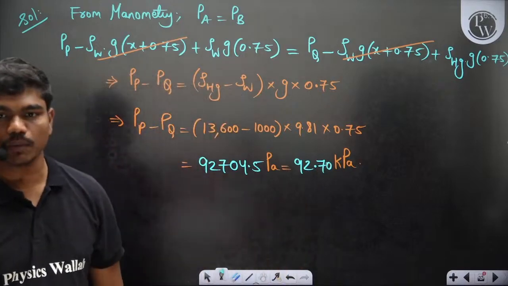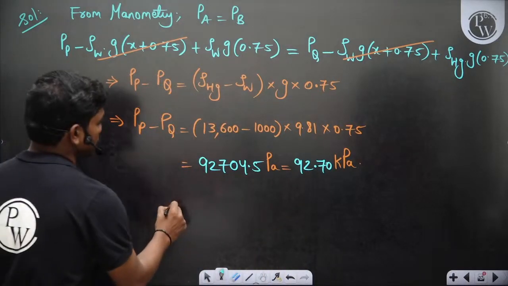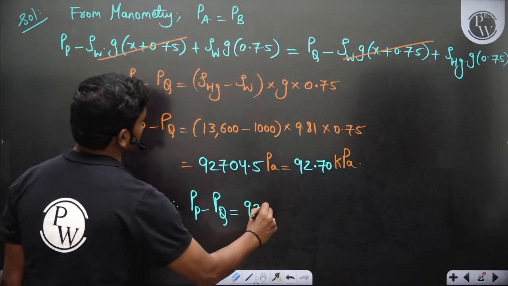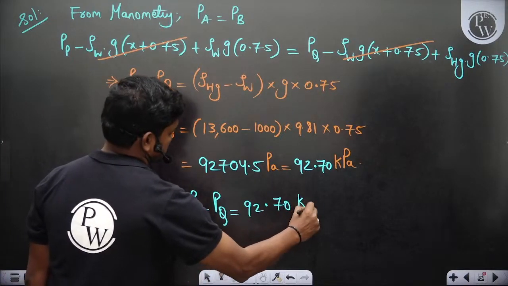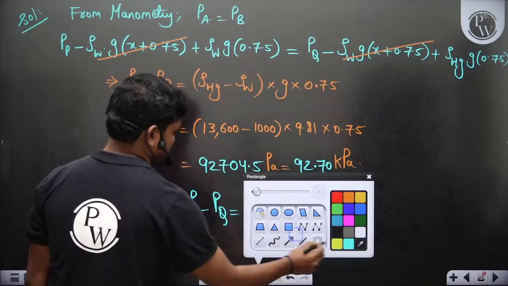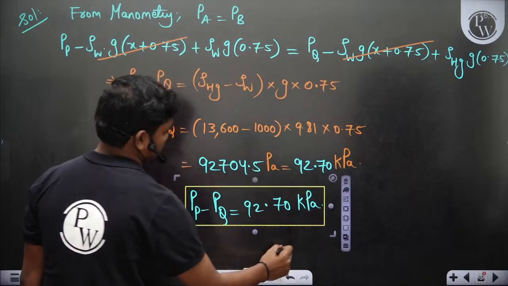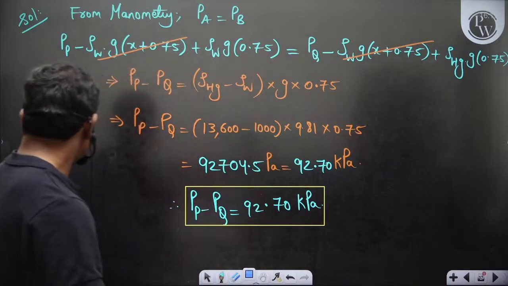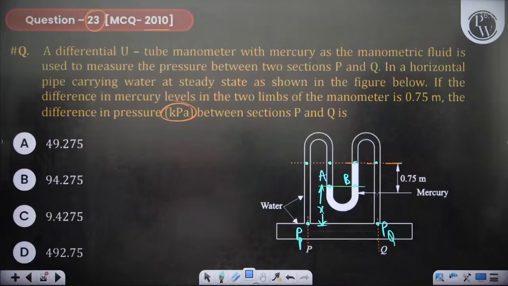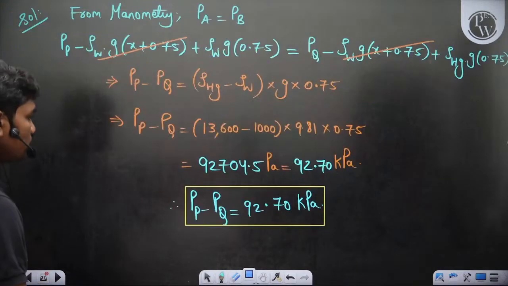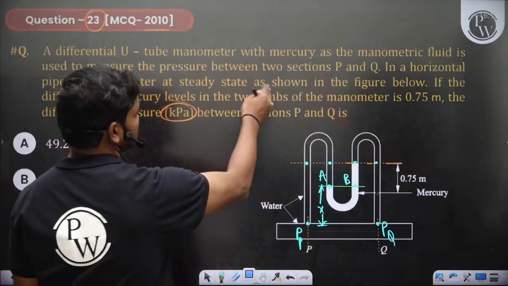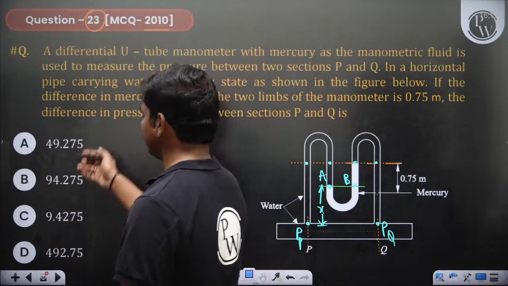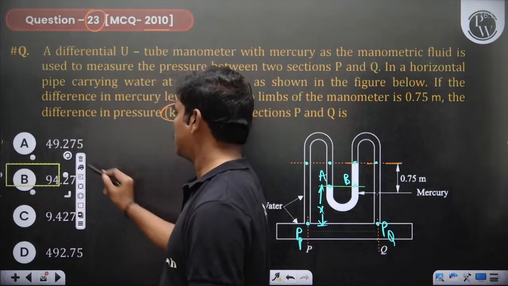Okay, so that's pascals, so 92.704 kilopascals. Anyway, options are given. Let's see. 92.70. Okay, maybe some standard values are not taken back in 2010 I think. So 94 is the best possible option. You can go with this option.